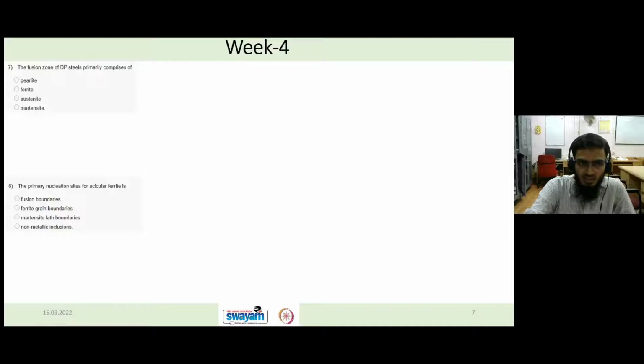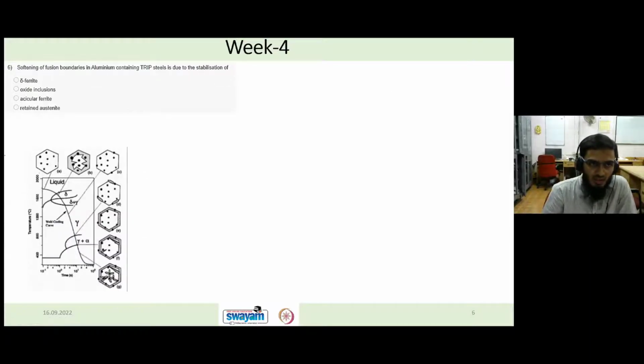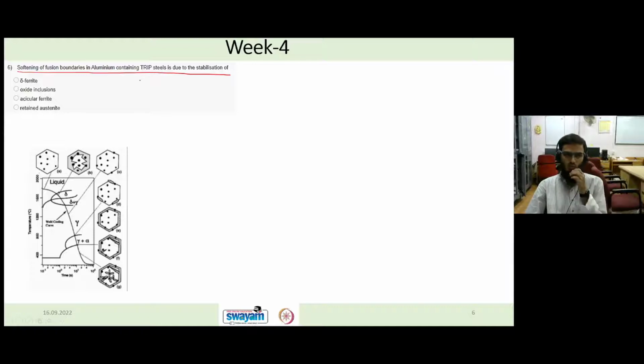So what is the reason for that softening? Sorry, it is asking about softening of fusion boundaries in aluminum containing TRIP steel. So what phase in aluminum containing TRIP steel got stabilized, which causes the softening in the microstructure? Think a little bit and then try to answer.